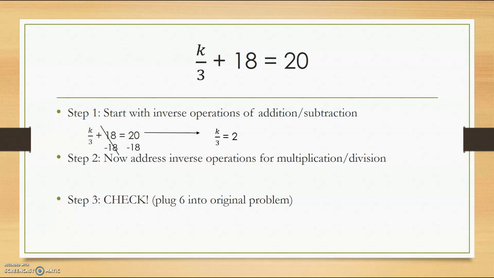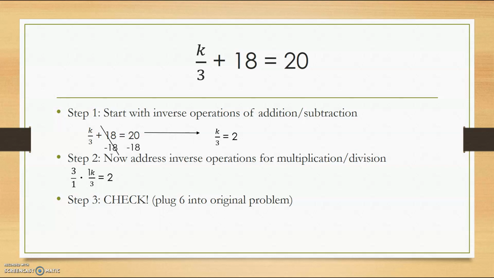But some of you are asking, well, Miss D, what do I do with k over 3? Well, that's pretty simple. K over 3 is a fraction, right? All fractions are division, you're right. So the opposite of division is multiplication. So also remember, there is an implied 1 in front of k. So when I multiply, I'm going to multiply by the reciprocal of 1 over 3, right?